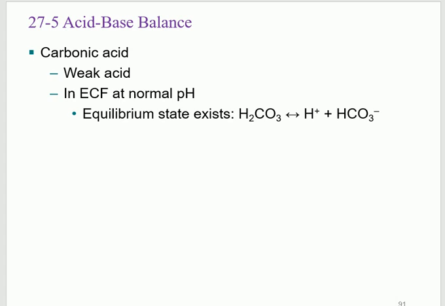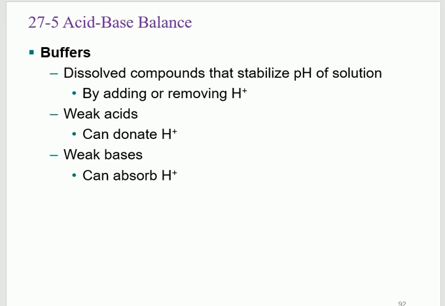It can be used. And I told you why it has to be weak: because the change is minor. Weak acids and weak bases result in minor changes. Is that clear? This is the buffer system.